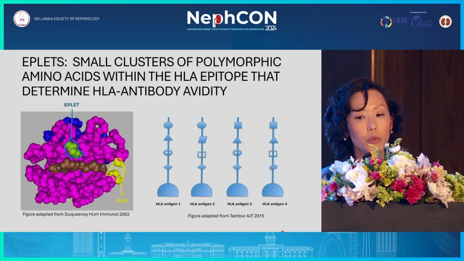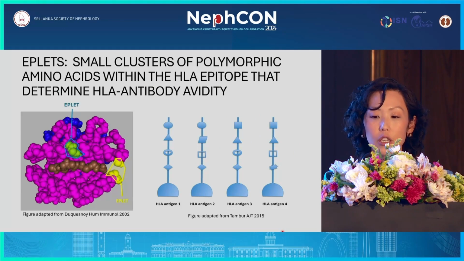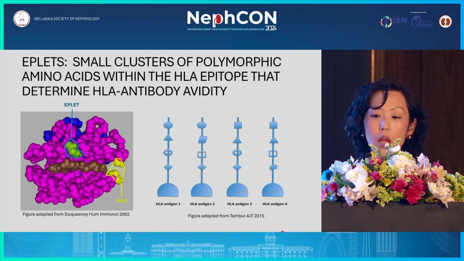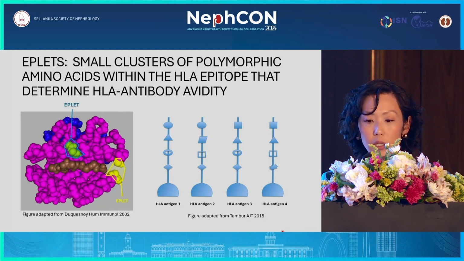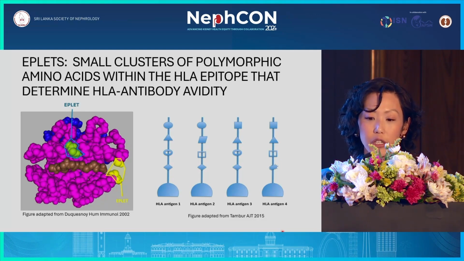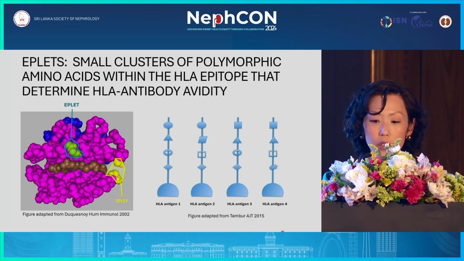These polymorphisms were termed eplets, and each different polymorphism or eplet was given a name that corresponds to the amino acid sequence number and the change in amino acid sequence. Each HLA antigen is therefore made up of a unique combination of eplets, although the individual eplets themselves may be present on more than one HLA antigen. And this is what leads to cross-reactivity.